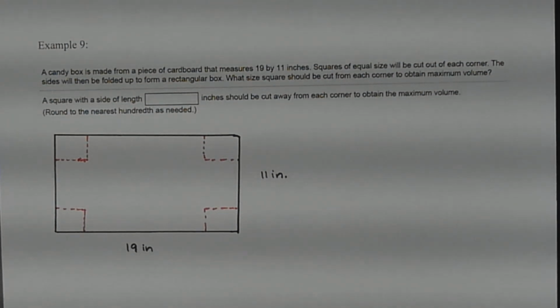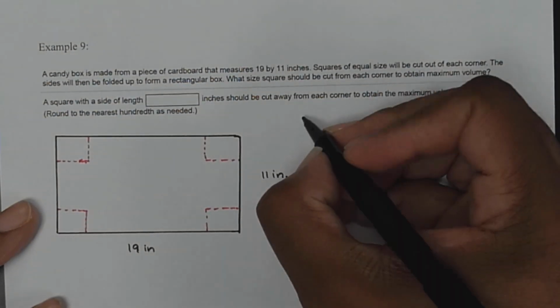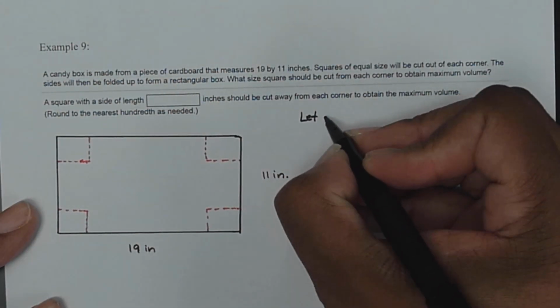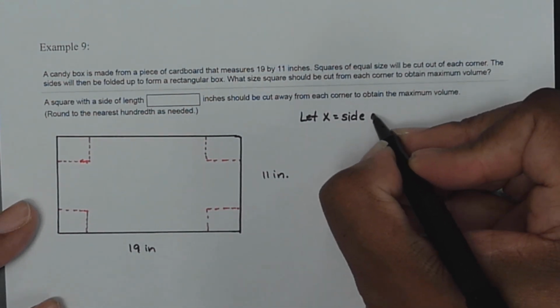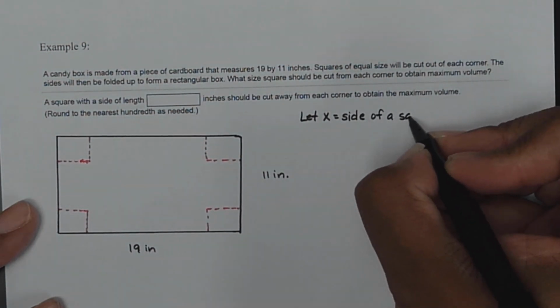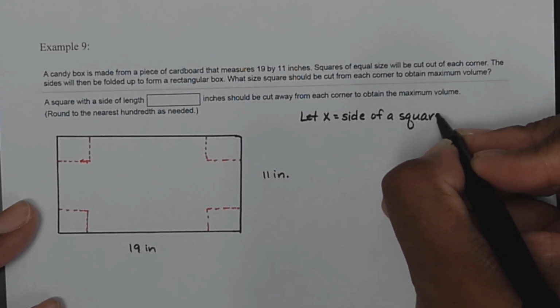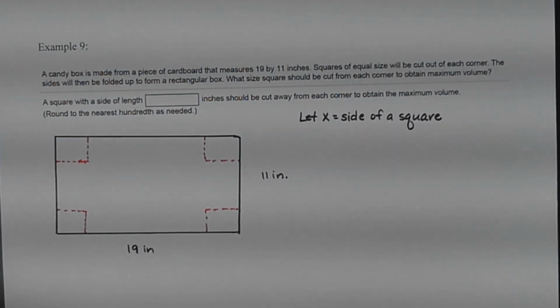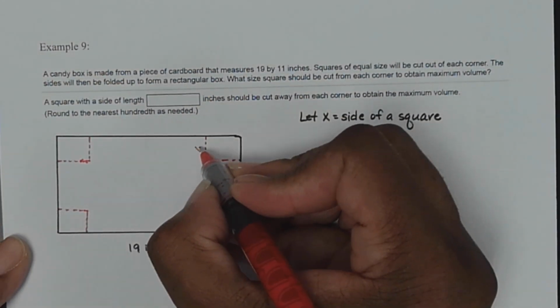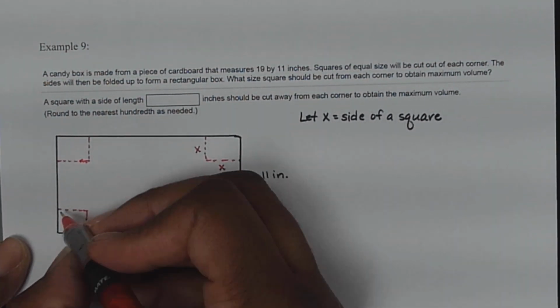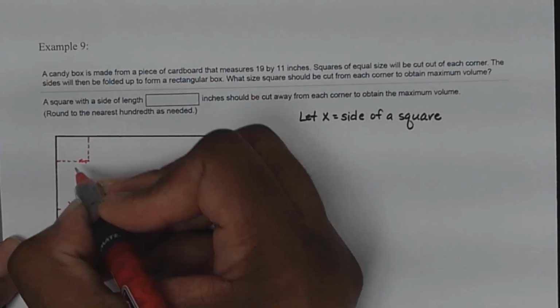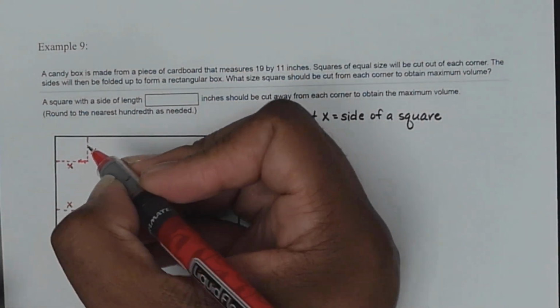I'm going to let X be the side of a square that's being cut out. So in other words, this side is X and this side is X. This is X and that's X. That's X and this is X. This is X and that's X.